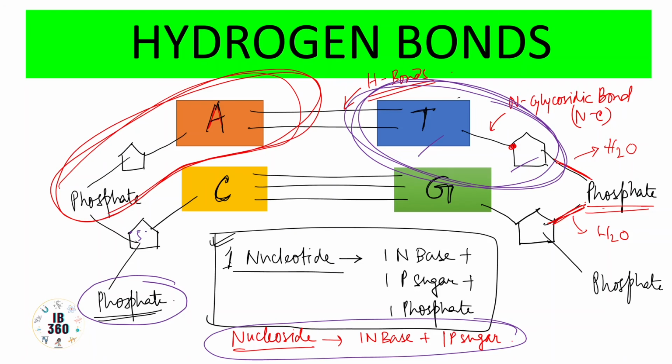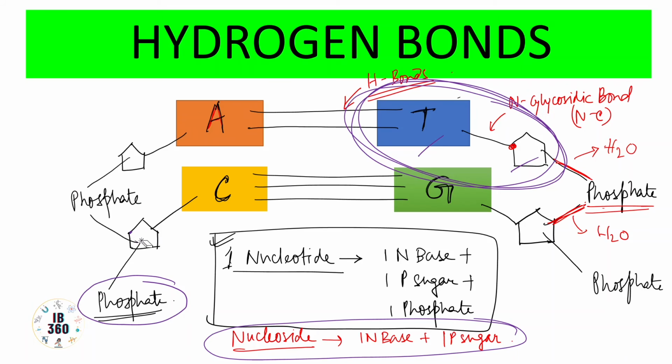And the other end which remains unbonded is the 3 carbon of the pentose sugar. So the ends which remain unbonded would be the 5 carbon and the 3 carbon.